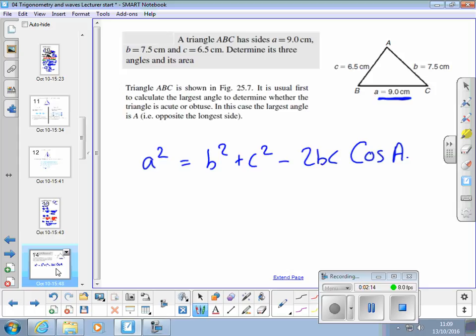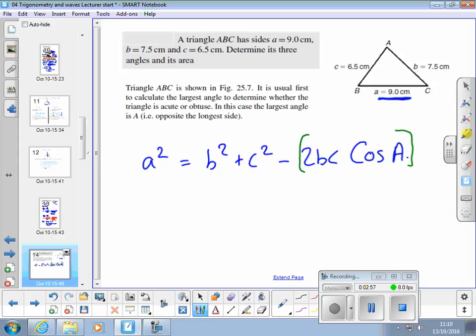Now we've got a rearranging job because we want to find the angle A. Where are we going to start with that? Where would you start? Bear in mind, we could lump that into one and say that's all one big number, because that's the cosine of A, that's 2 times B times C, which are constants.